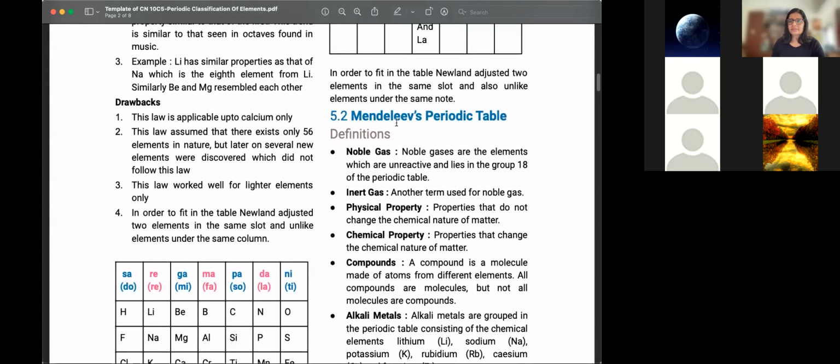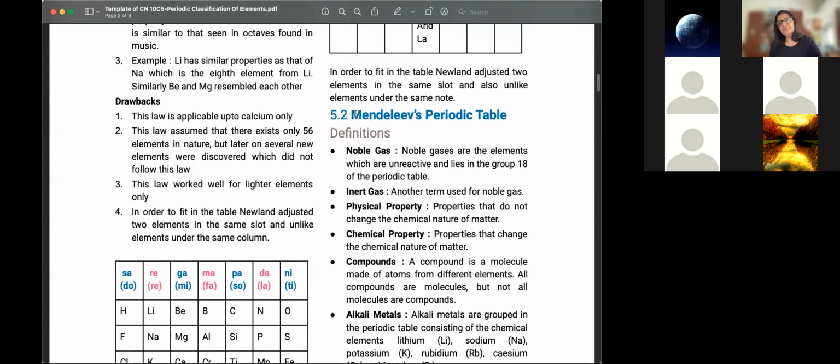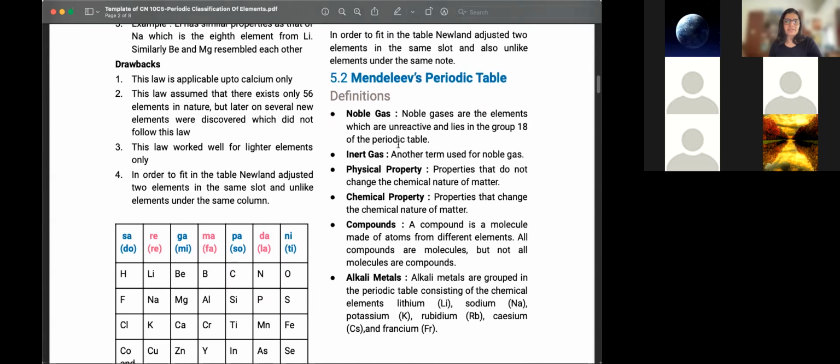Next, the next attempt was Mendeleev's periodic table. Mendeleev was a Russian scientist. He was a chemistry teacher, and his was the first ever serious step. The sole reason why we don't use Mendeleev's periodic table is that his was based on atomic masses, which is why in some places it doesn't fit very well.